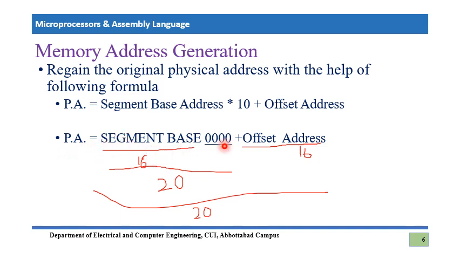We have to pad 4 zeros to the least significant part of this segment base address, so that it becomes 20 bits, and the offset part, which is still 16 bits, will be added to this address. So we will receive our 20-bit address. We are going to take an example of this in the next slide.